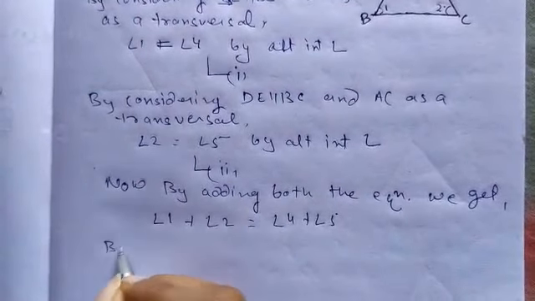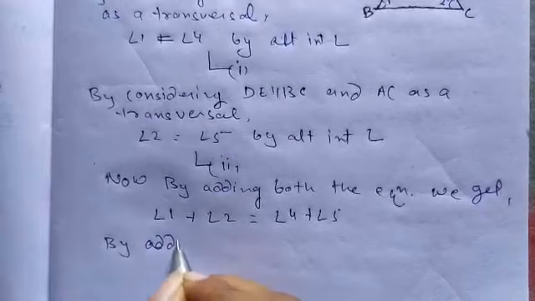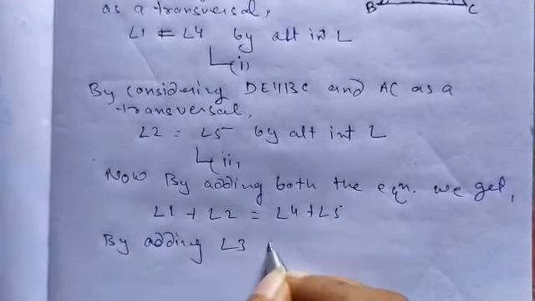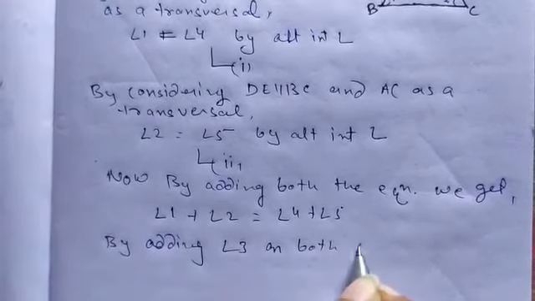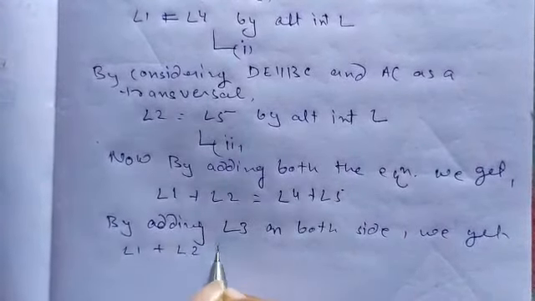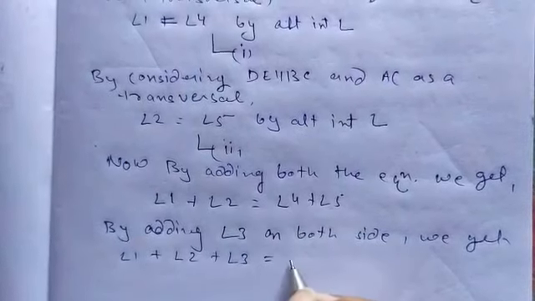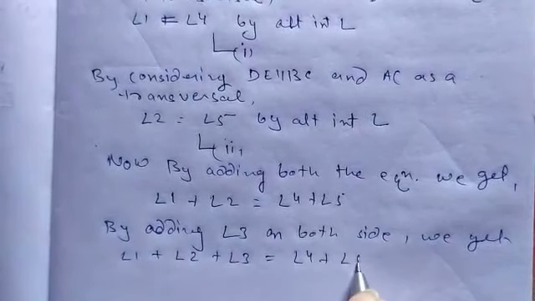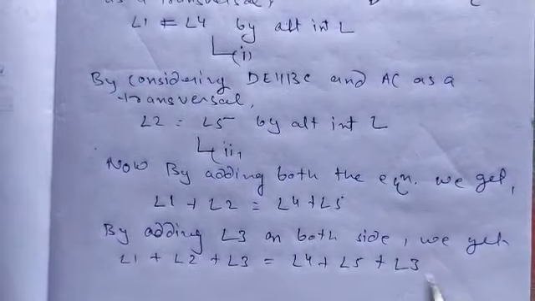Now by adding angle 3 on both sides, we get angle 1 plus angle 2 plus angle 3 is equal to angle 4 plus angle 5 plus angle 3.